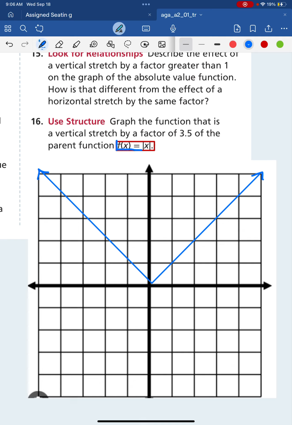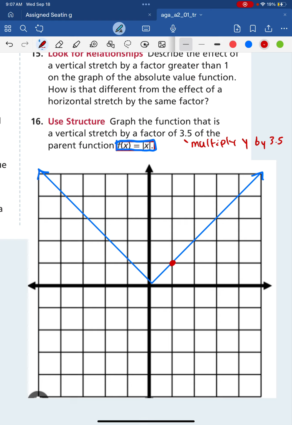And if I'm going to do a vertical stretch by a factor of 3.5, all that this is telling me to do is multiply my y coordinates by 3.5 and leave my x's alone. Multiply y by 3.5. Okay, so let me take a look at this point down here.